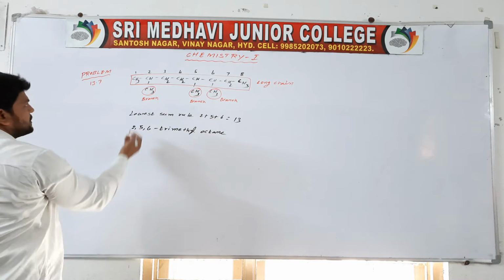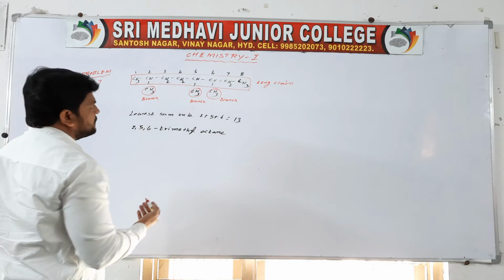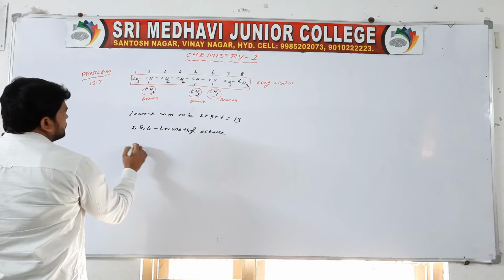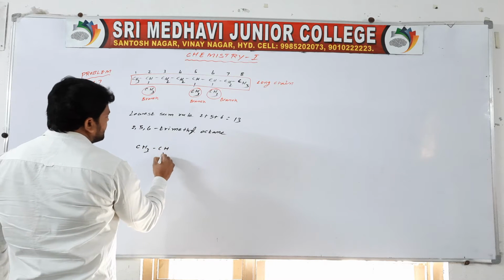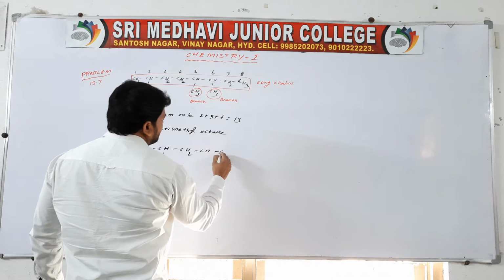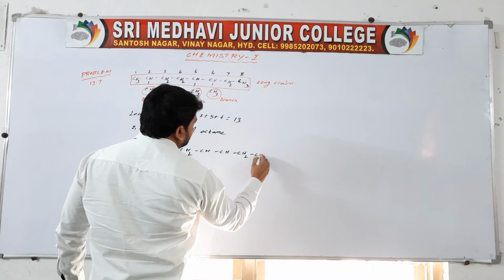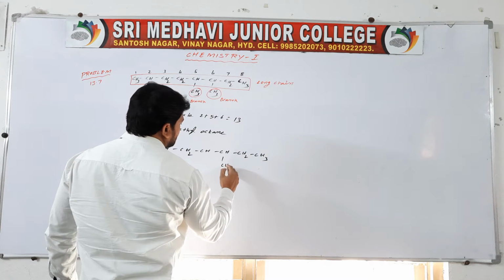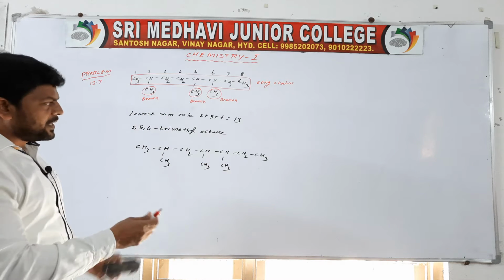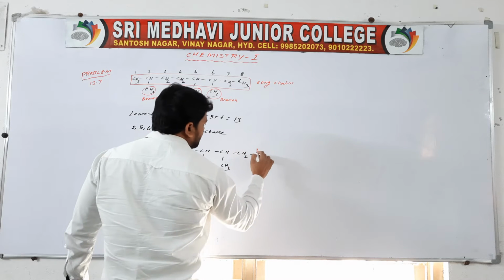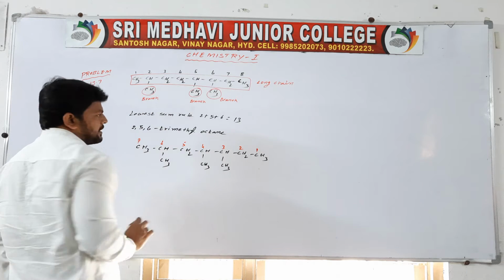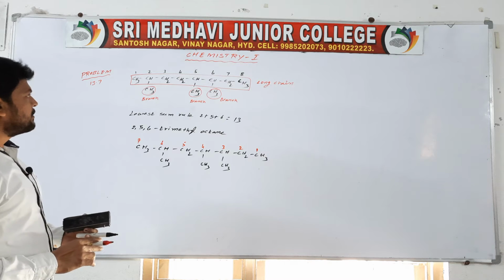Next, the same compound with CH3 groups attached. Now I am giving numbering right to left. So this is 1, 2, 3, 4, 5, 6 and 7.